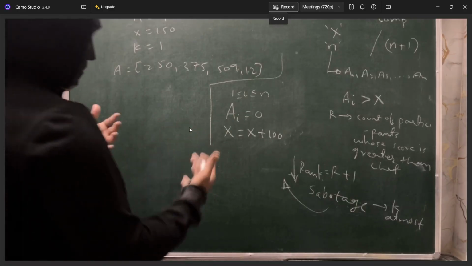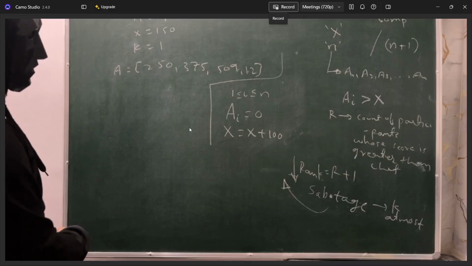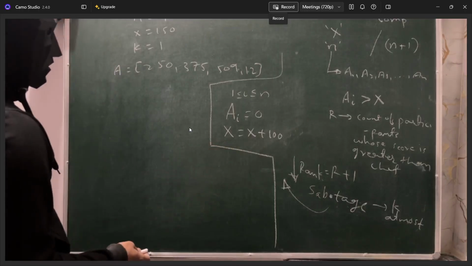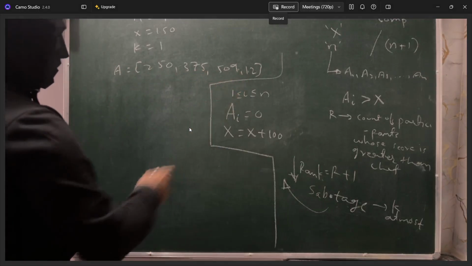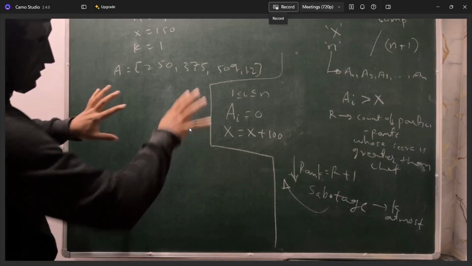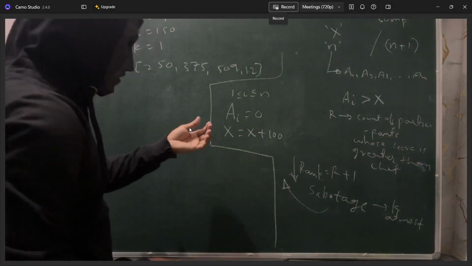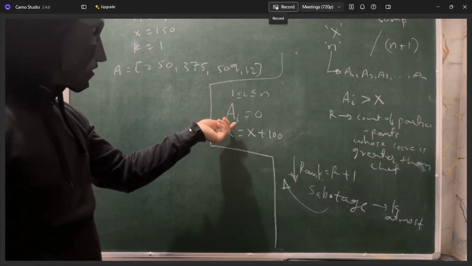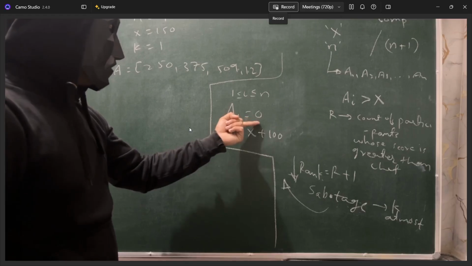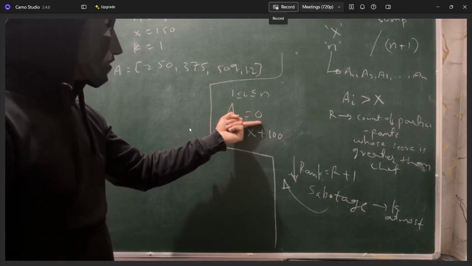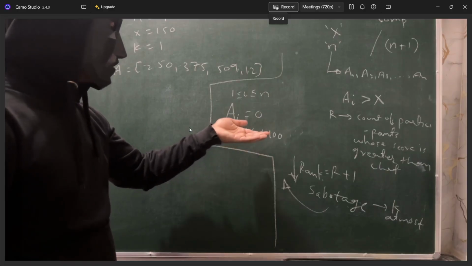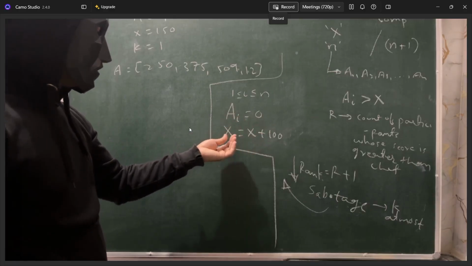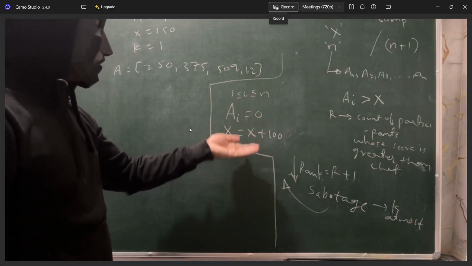So now the question comes: how do we make sure that chef's rank is minimum? This is a very greedy approach. Whenever he does at most k sabotage operations, the score of the participant is going to be 0, which is the least possible score. And chef's score is going to be increased by 100.